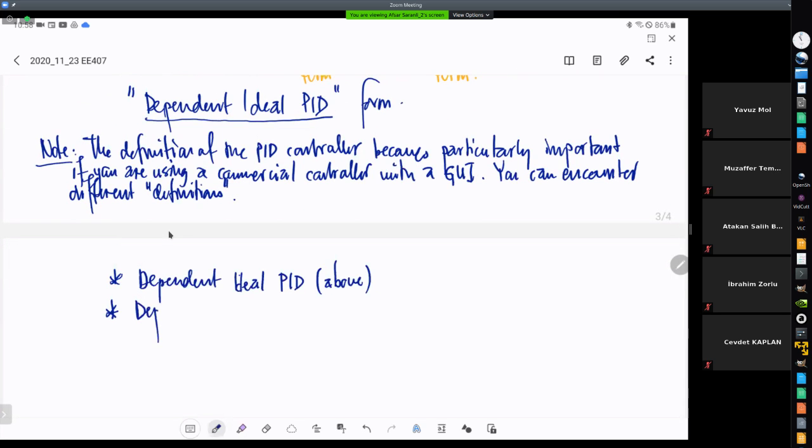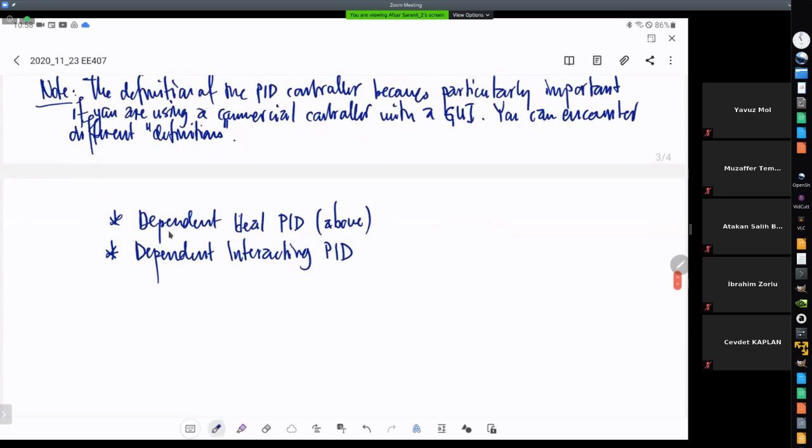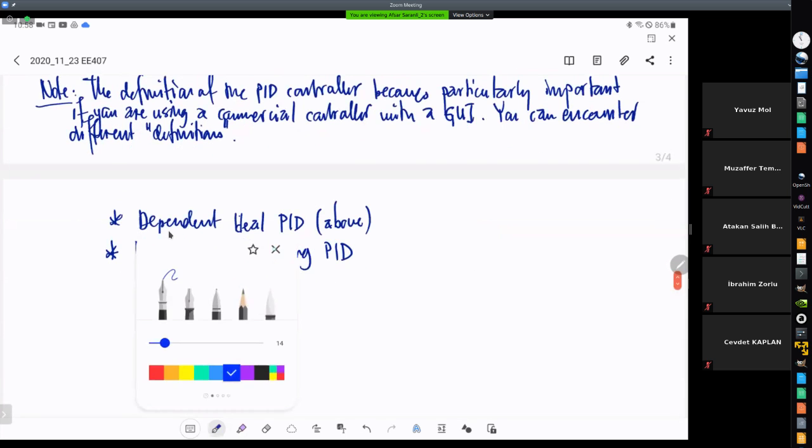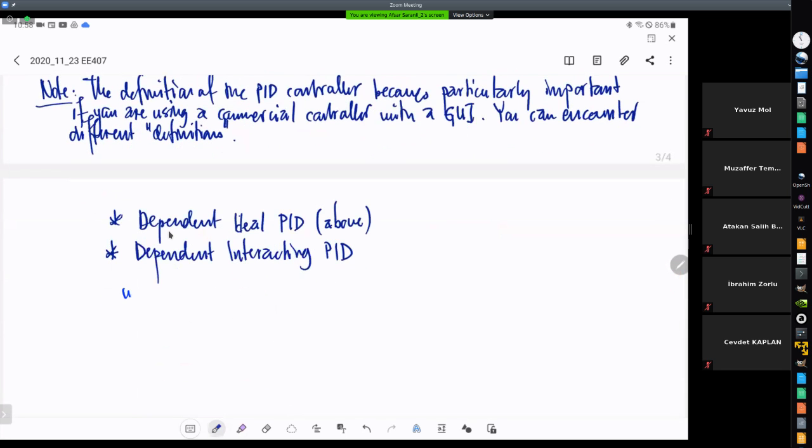One is called the dependent interacting PID. And I will make the definition now here. Okay, so in this case, u of t is again u bias plus an interesting combination of the parameters, Kc times 1 plus tau d over tau I times e of t.